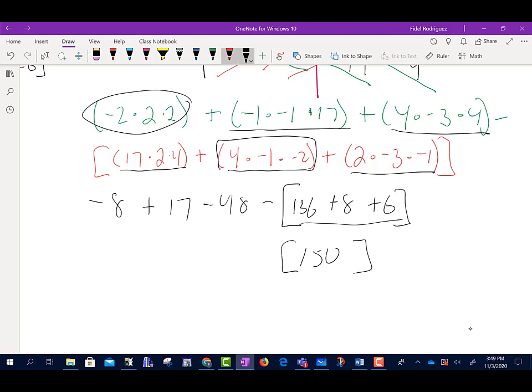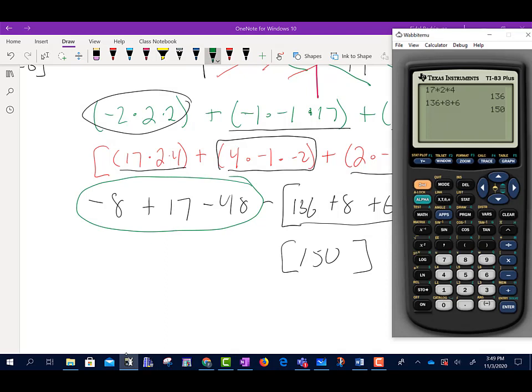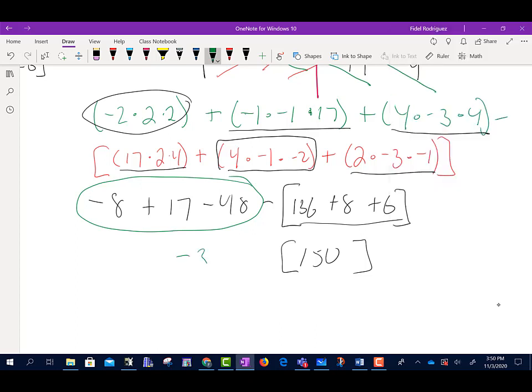And let's see if we can combine these together. So I have -8 plus 17 minus 48 is -39. So -39 minus 150, that should give me a -189.